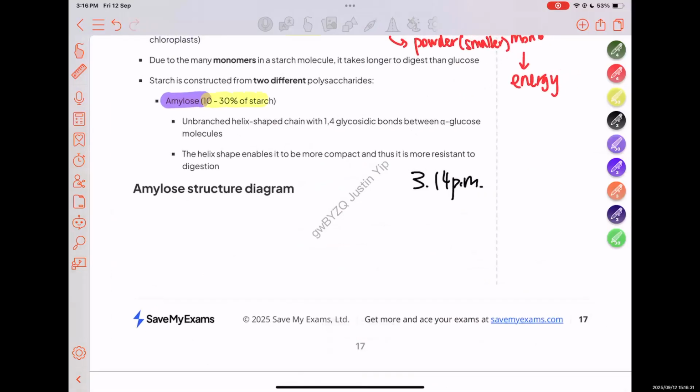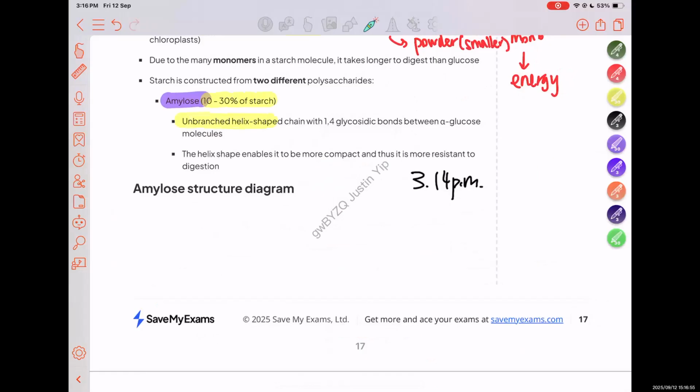So amylose is unbranched, and it makes up 10 to 30% of your starch. They have an unbranched helix shape with 1,4-glycosidic bonds between alpha glucose.